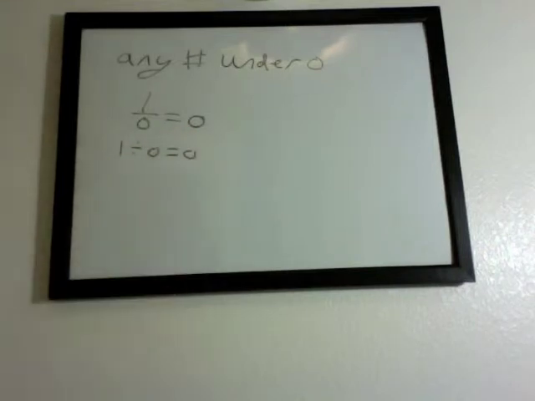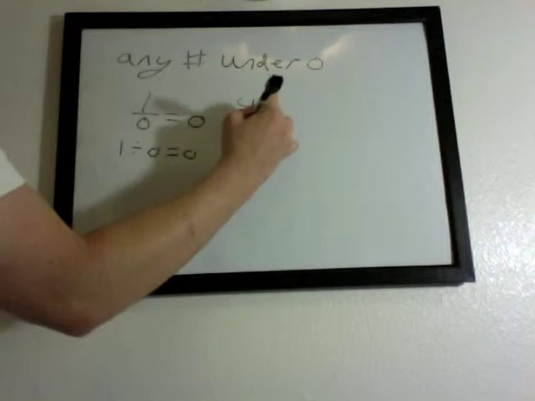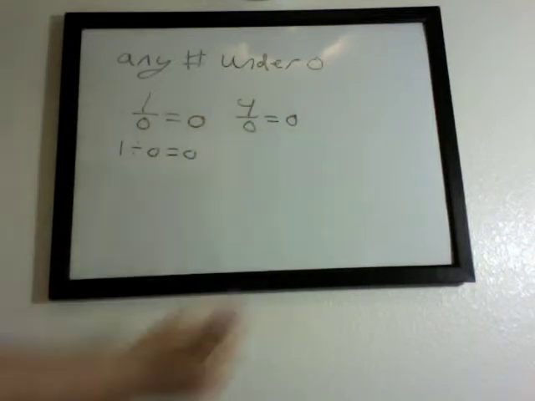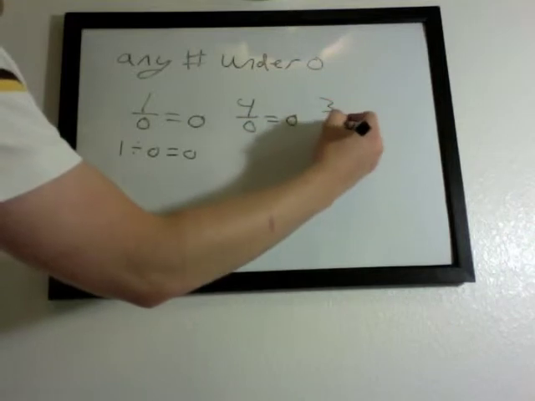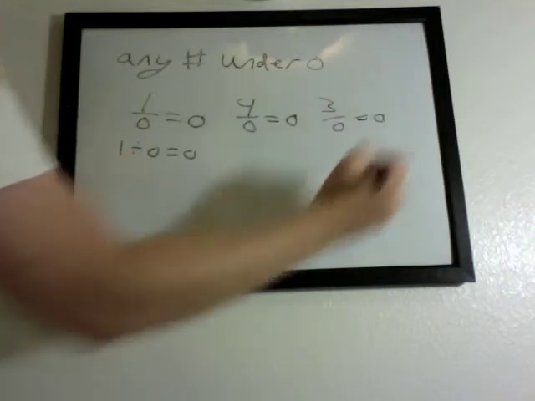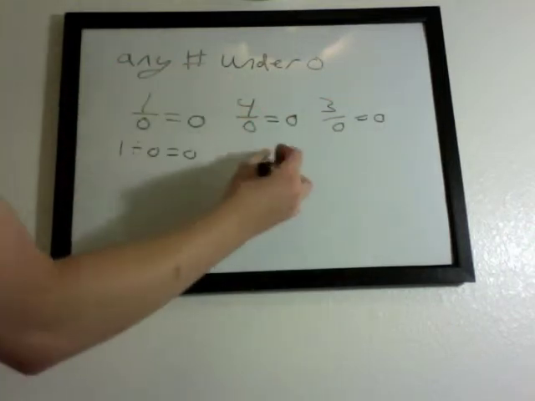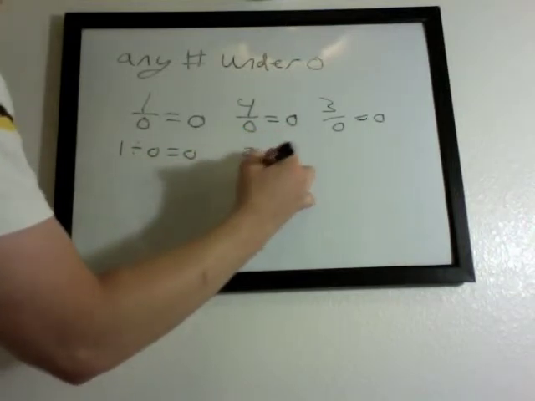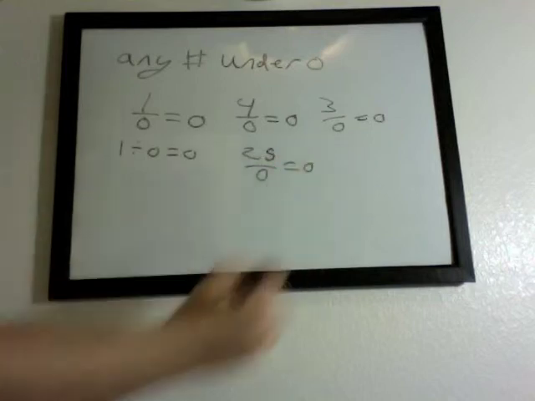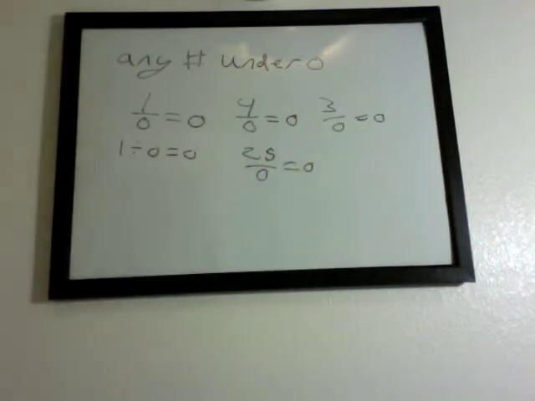That's 0. Another example would be 4 over 0. This would also be 0. Or 3 over 0. It also equals 0. You can pick any number, say 25 over 0. This is 0. It's always going to stay the same, no matter what.